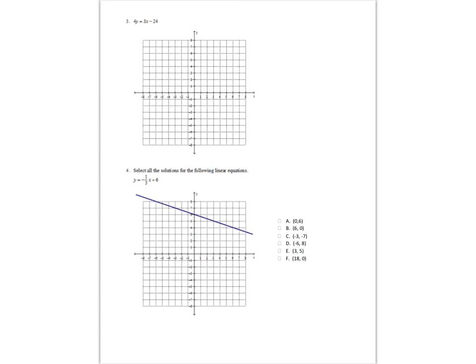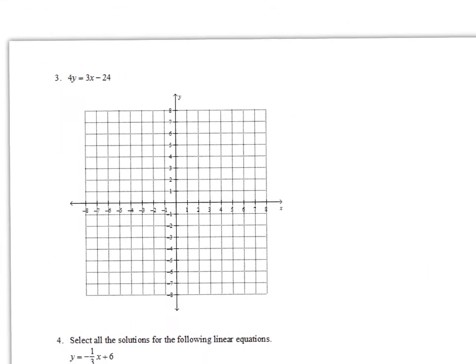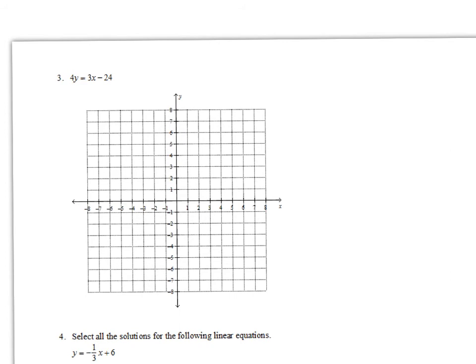So again, we run into the same problem: we don't have it in y equals mx plus b form. I'm going to write that up just to be helpful. We want it in this format, y equals mx plus b, and right now it's not. 4y equals 3x minus 24.